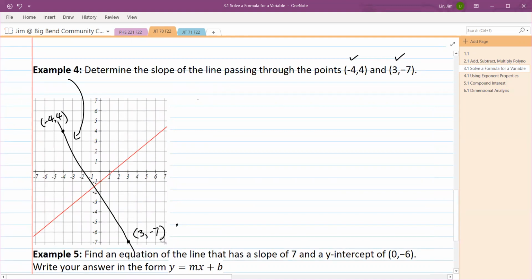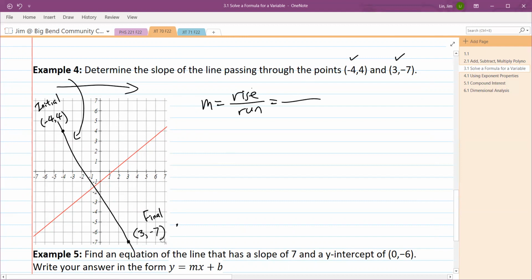So to find the slope, we apply the rise over run method. So this is the initial point, and this is the final point. We normally trace from left to right to get the initial and final point.